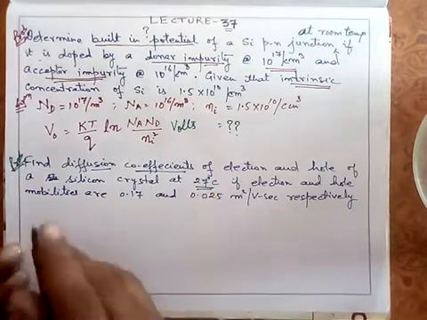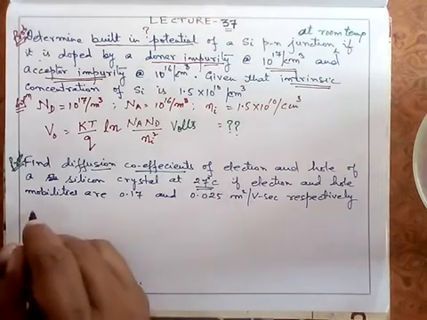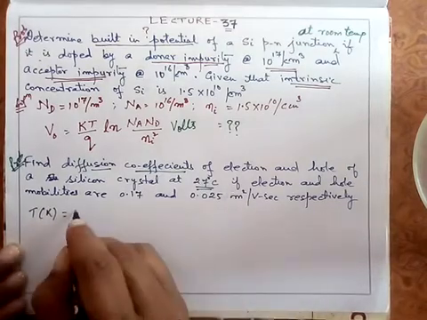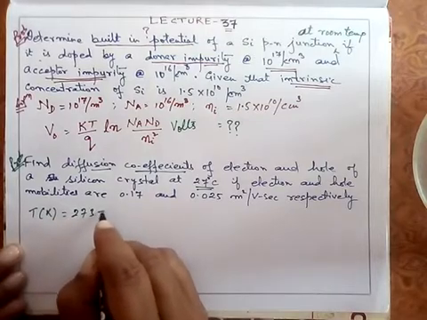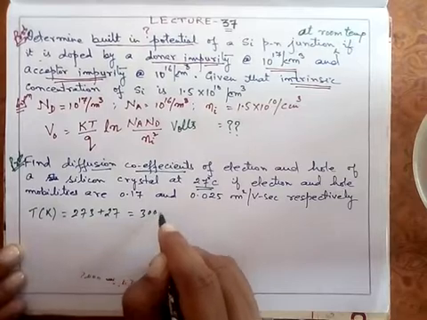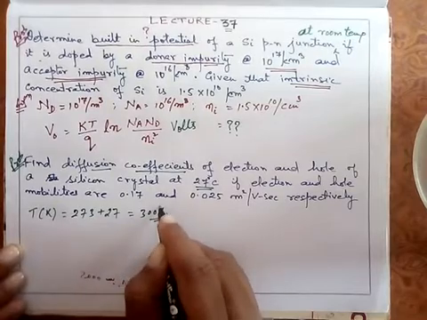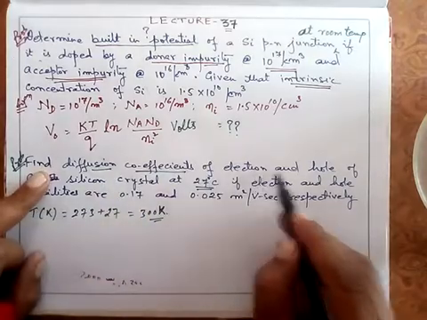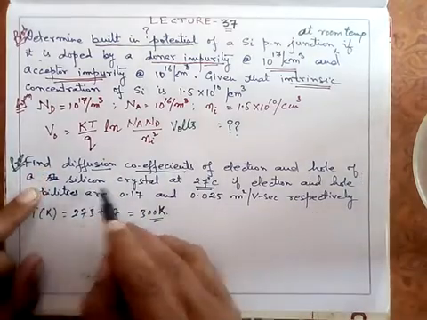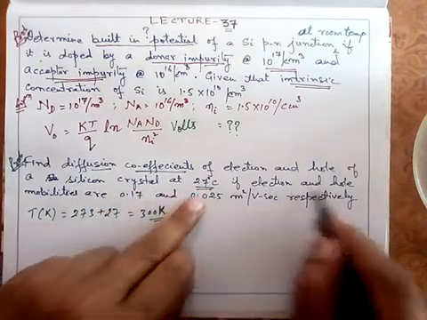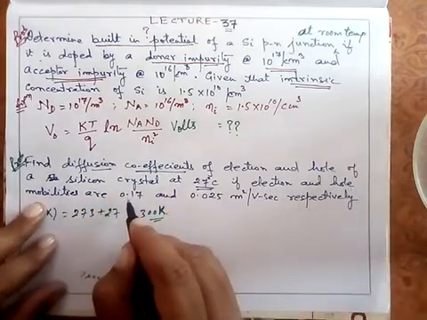Of course, when I say temperature is 27 degrees centigrade, then this temperature in Kelvin will be 273 plus 27, and I can say that this is equal to 300 Kelvin. Now it is room temperature by default. So find the diffusion coefficients of electron and hole of a silicon crystal at this temperature if the electron and hole mobilities are given to you.